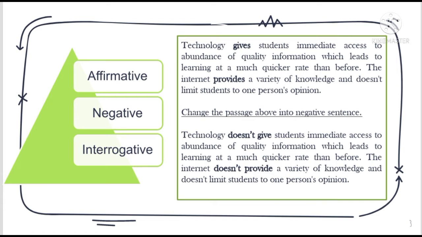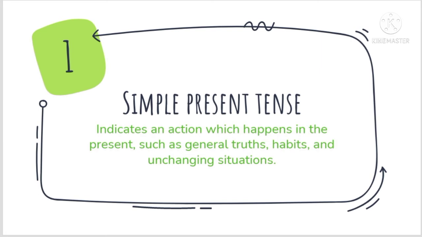So technology doesn't give students immediate access to an abundance of quality information, which leads to learning at a much quicker rate than before. After that, the internet provides-nya diganti doesn't provide. Okay, that's the simple example.